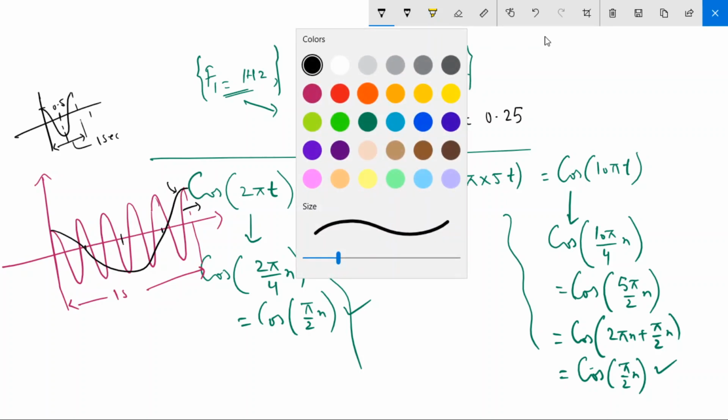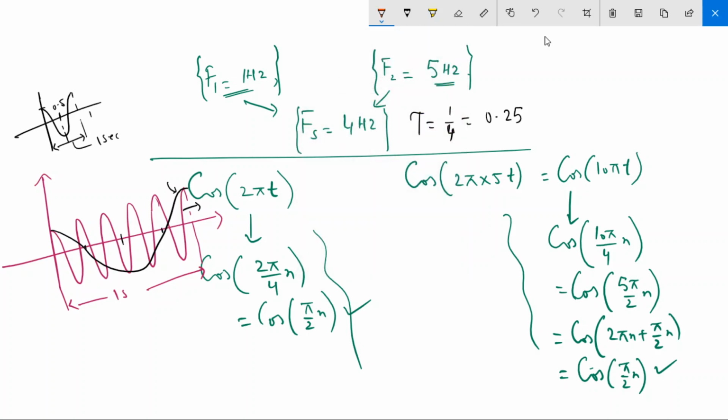Since the output is the same, the samples that you get are nothing but at the points where the signals cross each other. At those points you are taking the samples. As a result, the discrete signal that you obtain is the same for both. This is what is called aliasing.